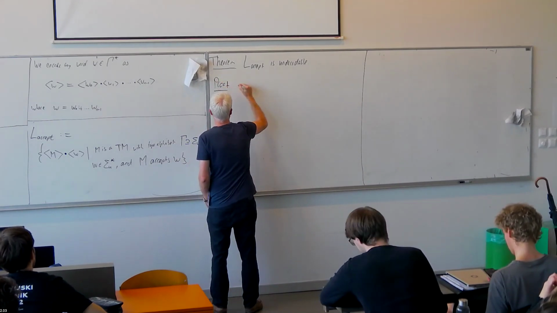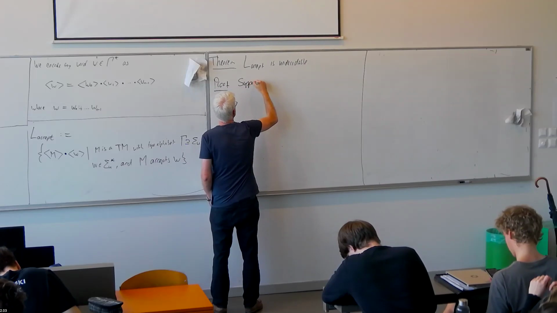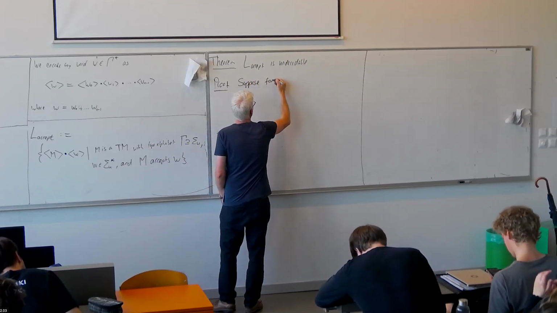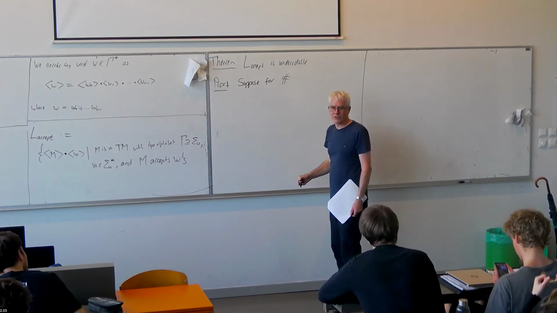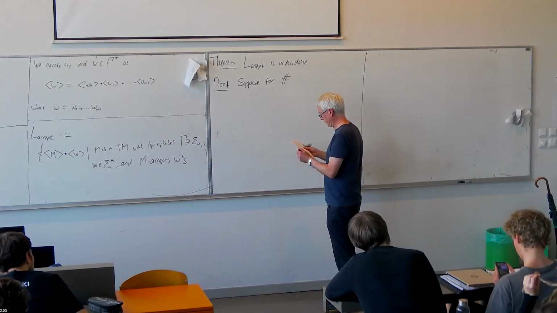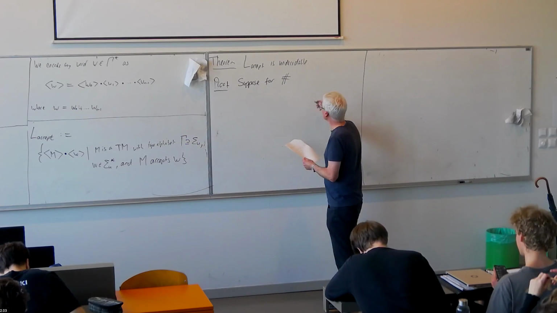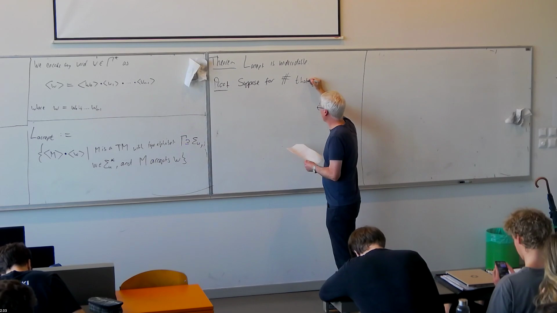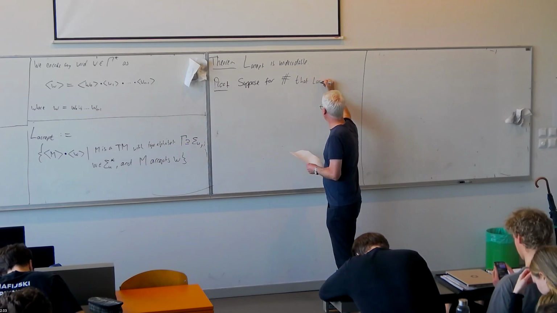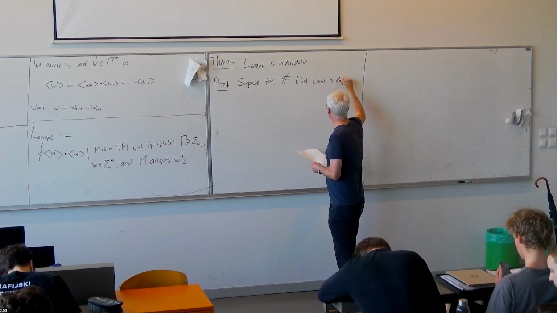So proof, I suppose, in English mathematics, one often writes a hash for contradiction. So this means suppose, for contradiction, that L_accept is decidable.